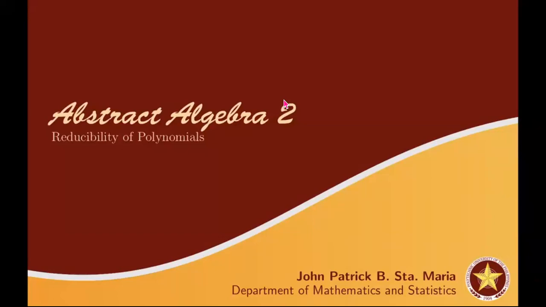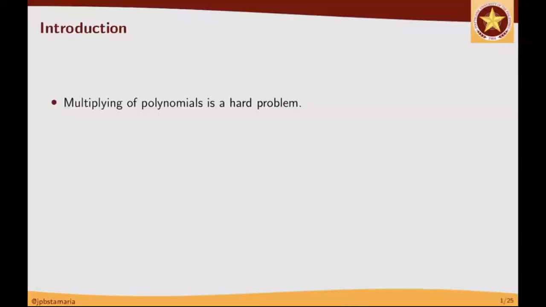Okay? Let us now give some introduction. Alam niyo naman, no, kapag nagmumultiply ng dalawang polynomials, hindi siya madaling problem, especially when the two polynomials have several terms and big degrees, no?